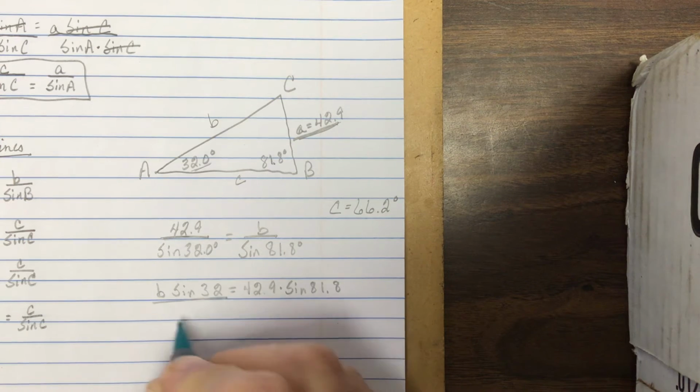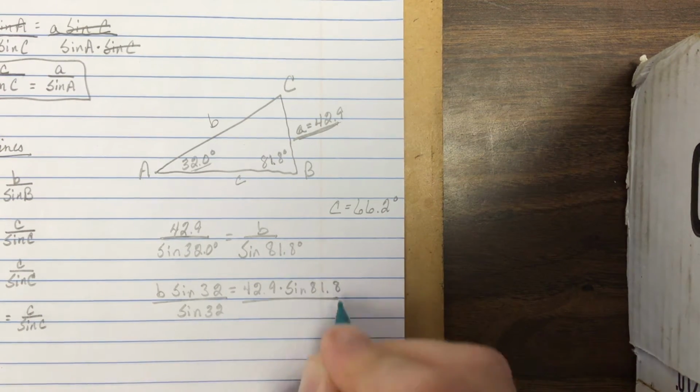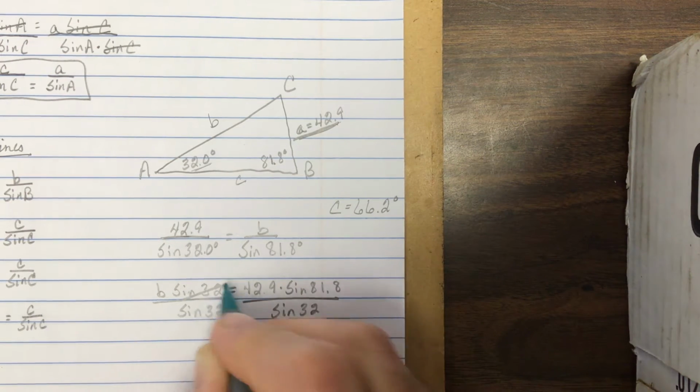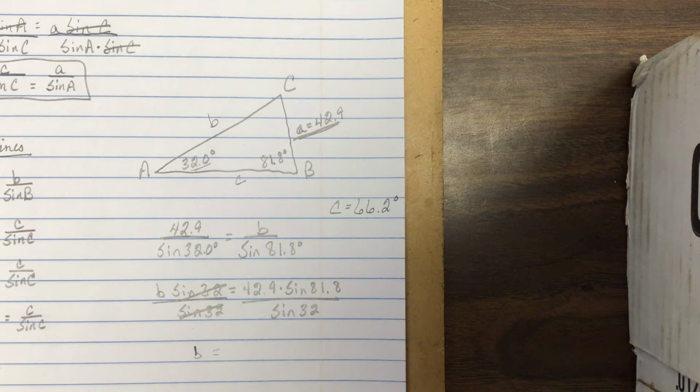And then to solve for b, we divide by sine 32. So b will equal, and we're going to put this in the calculator, 42.9 times the sine of 81.8.